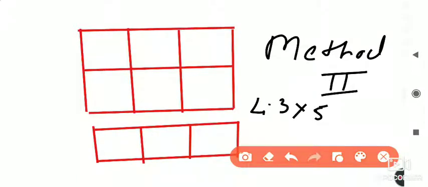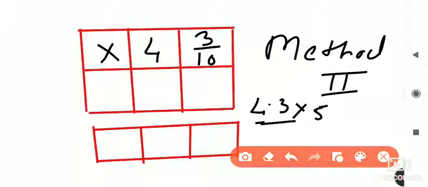So how to solve this example? For that we have to write this 4.3. How do we write 4.3? The full integer part, 4, we write here, and 0.3 we write as 3 upon 10, because it is at the first decimal place, the tenths place.